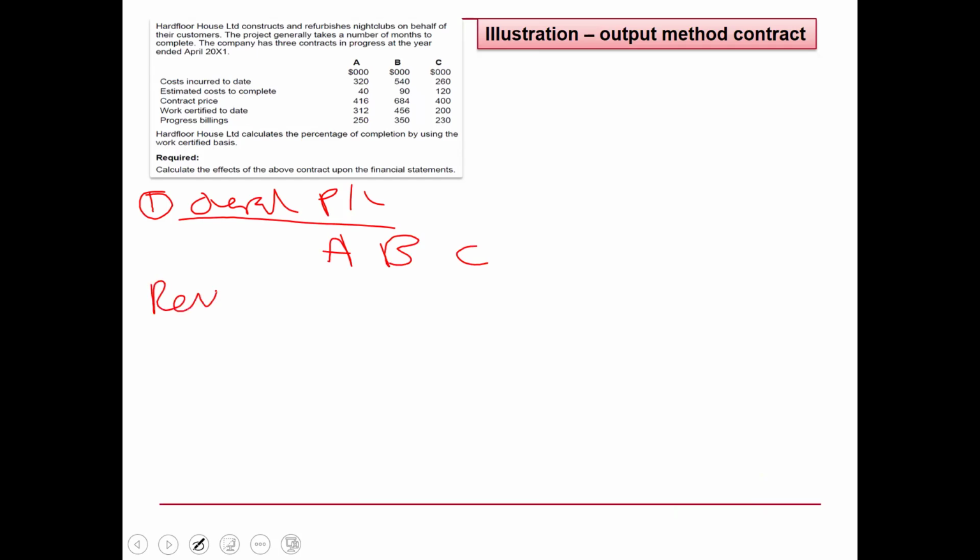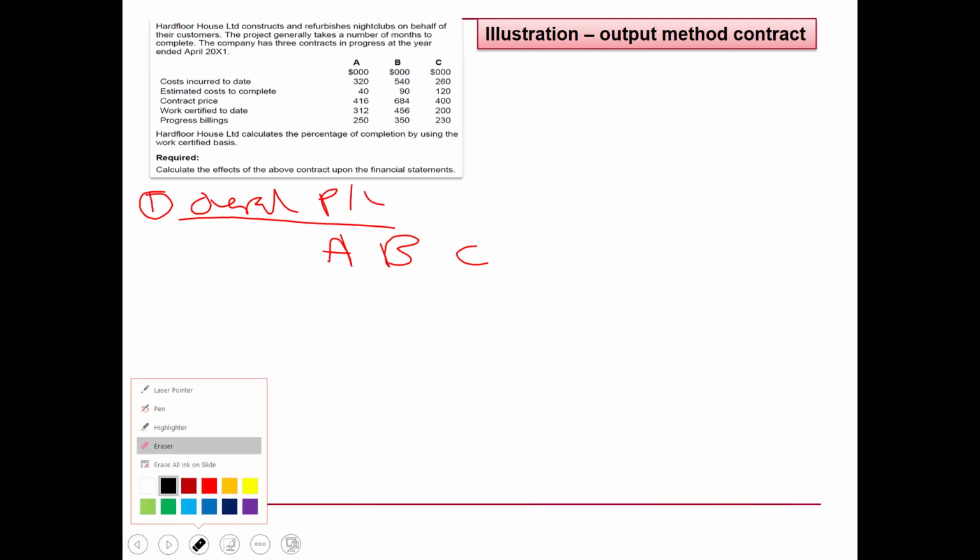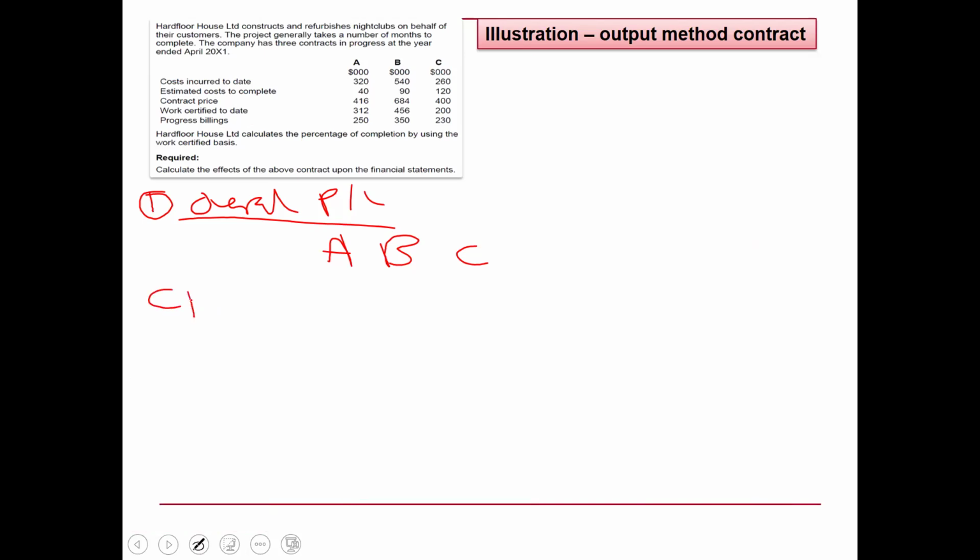What is the revenue, or rather, let's say contract price, so that we don't confuse it with stage number 3. So our contract price is how much? We are told that the contract price here is 416, 684 and 400. So this is the contract price.